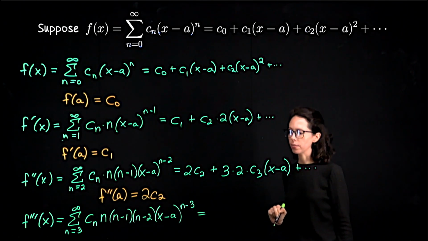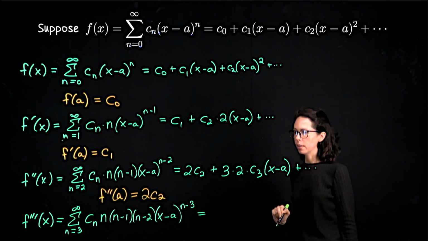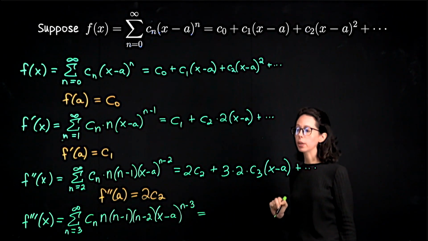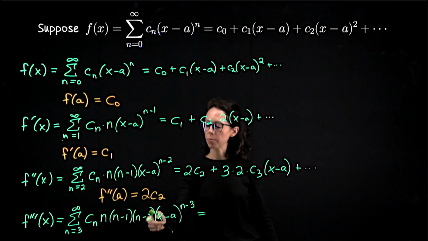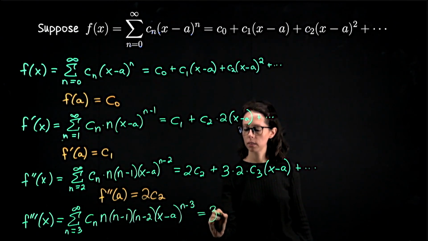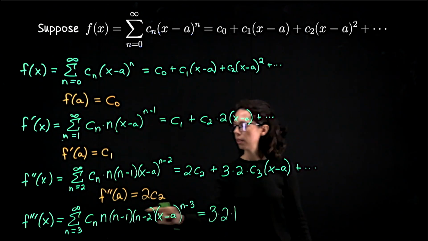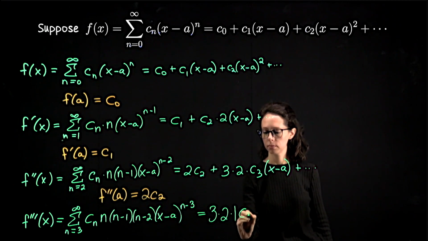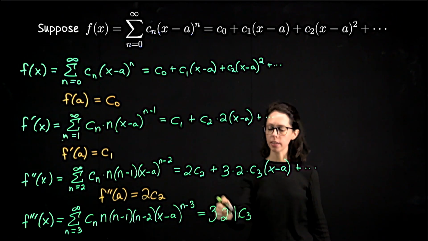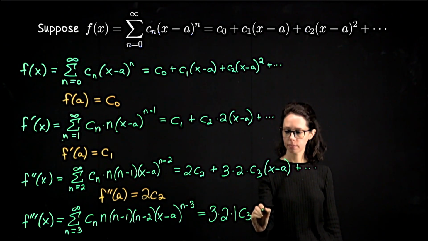And if I write out the first couple terms, then when I plug in n equals 3, we have 3 times 2 times 1. Let me write all of that. 3 times 2 times 1 times c3 times x minus a to the 0, so it's just a constant.